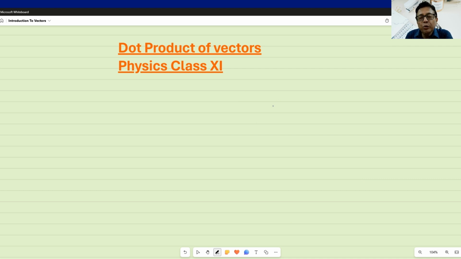Let there be two vectors A and B, and the angle between the vectors be equal to theta.